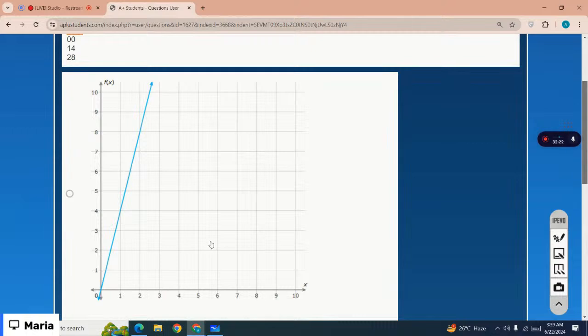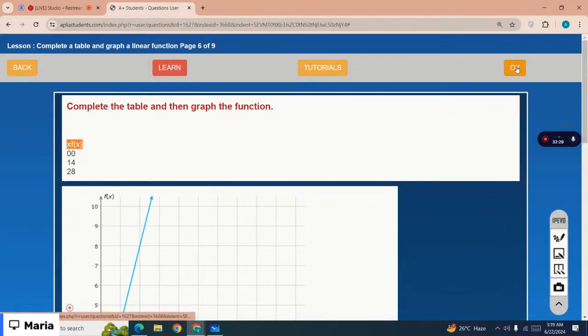The correct option is option number one, right? Because the graph is starting from the origin. So the correct option is option number one.